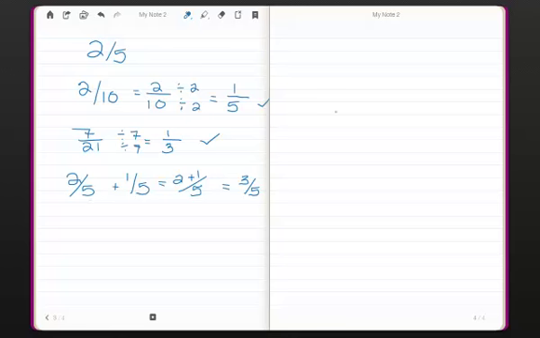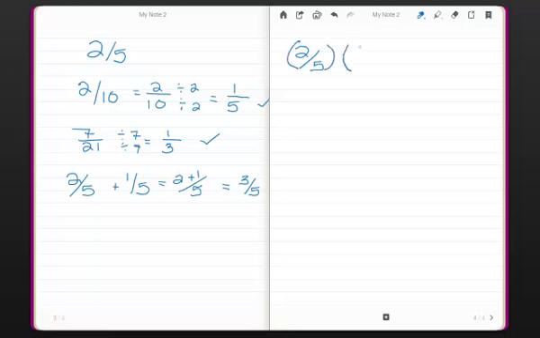Now, that's different from if we're multiplying. If we're multiplying fractions, 2/5 times 1/5, in this case we multiply both the numerators and the denominators. So we get 2 times 1 over 5 times 5, which is 2 over 25.